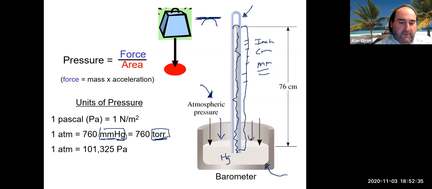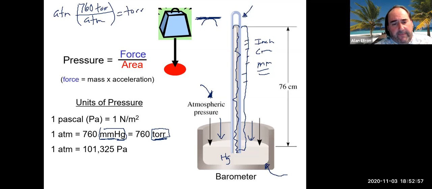You have those answers. So 760 is also an important number because it's really a conversion factor. It is our conversion factor to go from atmospheres to millimeters of mercury or torr. If you have atmospheres and you want either of those, you multiply by 760, and that gets you torr or millimeters of mercury.